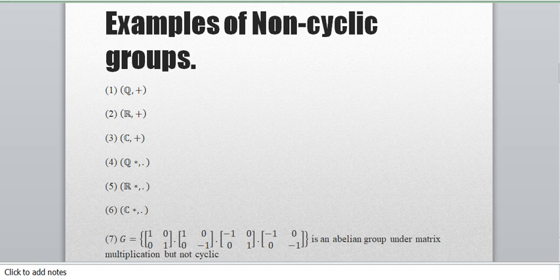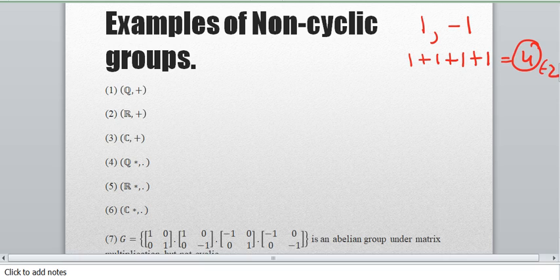I also showed you how in integers -1 and 1 are the generators, how you can generate the set of integers with just 1 and -1, how 1 plus 1 plus 1 plus 1 equals 4 is one of the integers, belonging to Z. So like that it was. Today we are going to talk about some examples of non-cyclic groups.